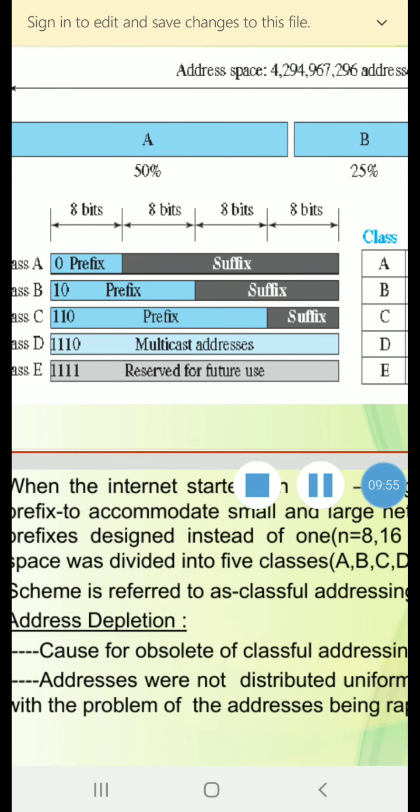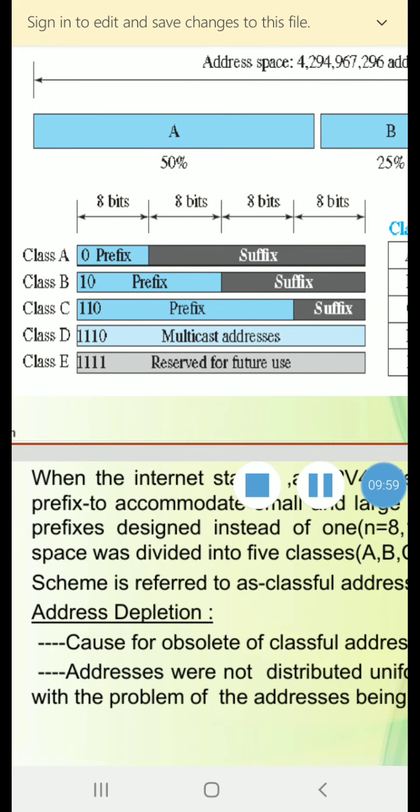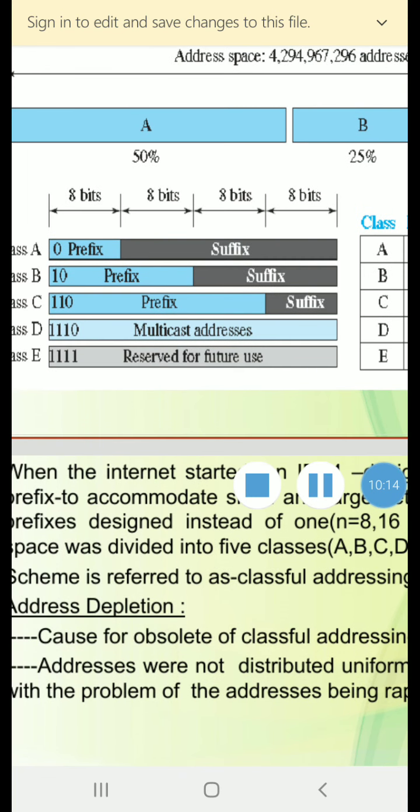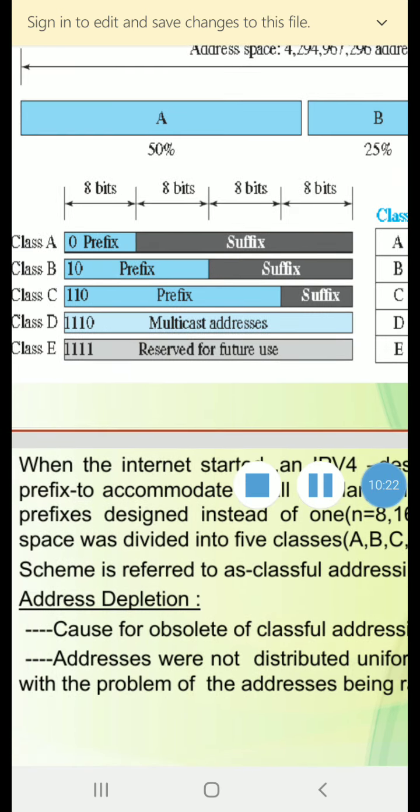All addresses that start with 110 belong to class C. In class C, the network length is 24 bits. But since 3 bits define the class, we can have only 21 bits as a network identifier, meaning that there are 2 raised to 21 equal to 2,097,152 networks in the world that can have a class C address.